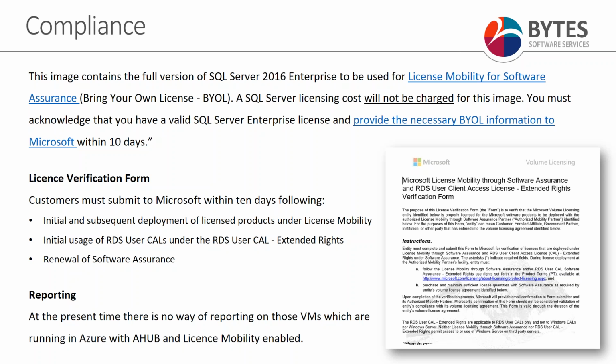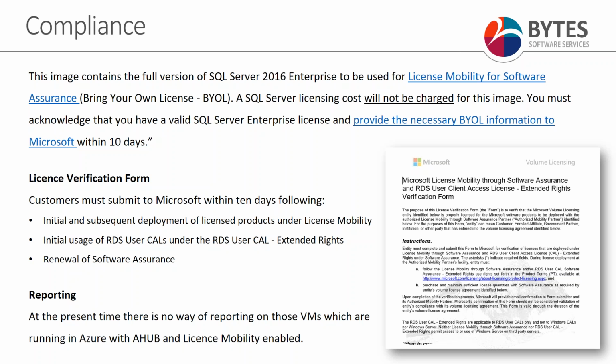You must acknowledge that you have a valid SQL Server Enterprise license and provide the necessary BYOL information to Microsoft within 10 days. So Microsoft operate on a trust basis, so trust that you've got the licenses available that you're bringing over with active software assurance. The same applies to other public cloud providers, but obviously they'll make a statement to say that it's your responsibility to be fully compliant.